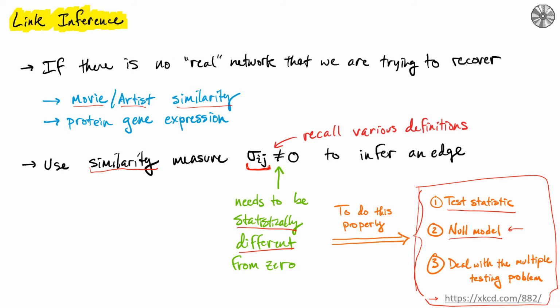So there are definitely some challenges here. We've seen two subtly different definitions of this, one where there is a ground truth and one where there is not. But in both cases, we're establishing a similarity measure and then recommending or recovering edges based on that.